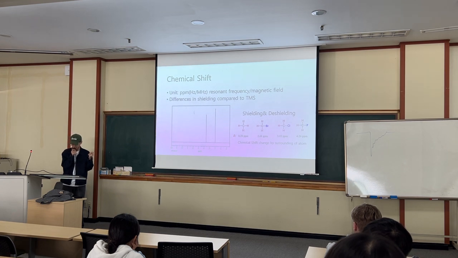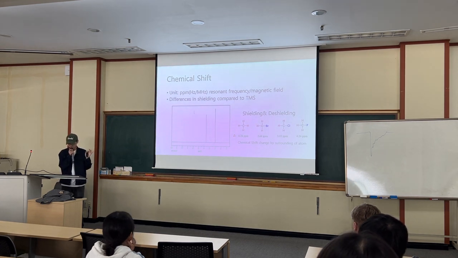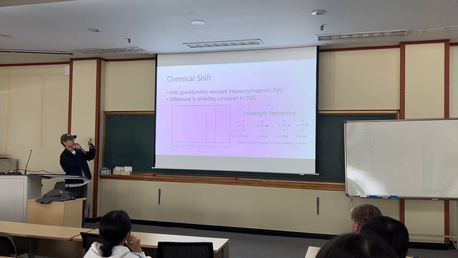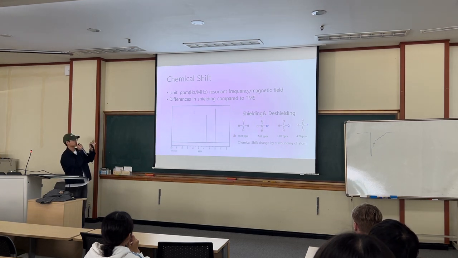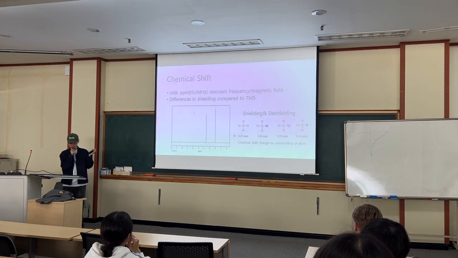Chemical shift changes by the surroundings of the atom. The chemical shift of TMS is 0 because it is a standard, and it is a relative value to TMS. Its unit is ppm, hertz per megahertz. Megahertz is the external magnetic field. It is the resonant frequency per magnetic field.